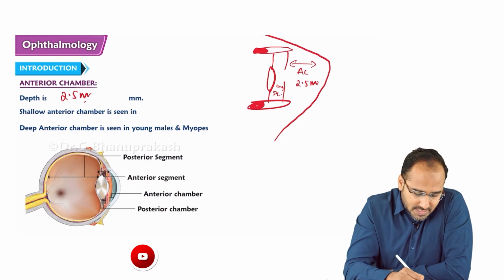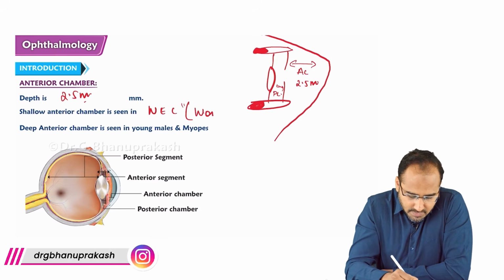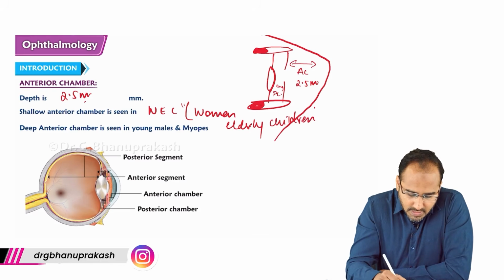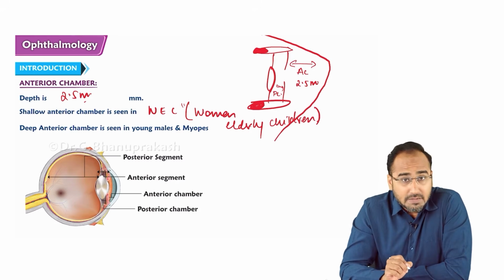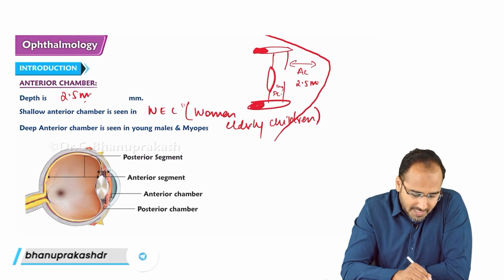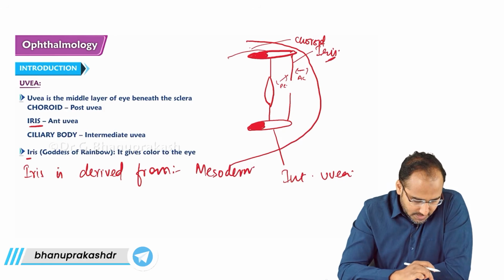Whereas a deep anterior chamber is seen in young males and myopes, right?